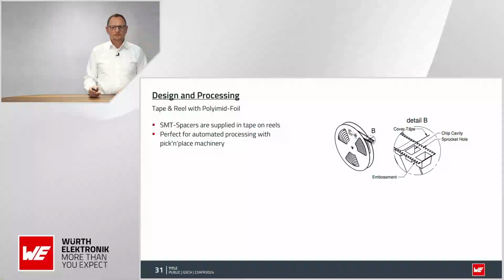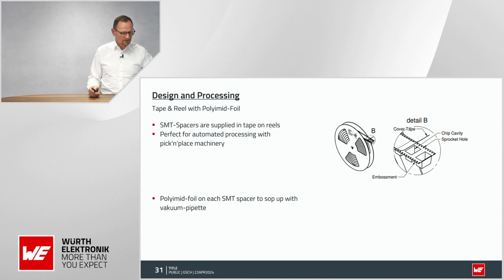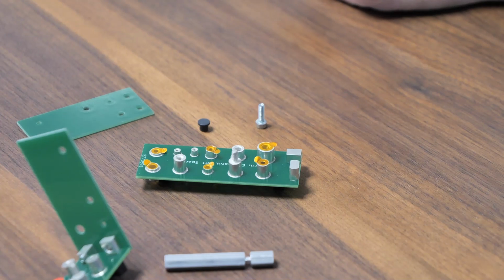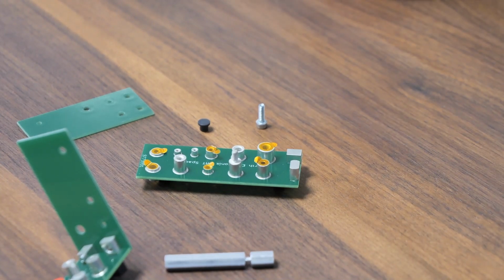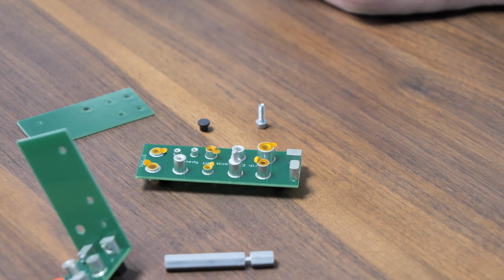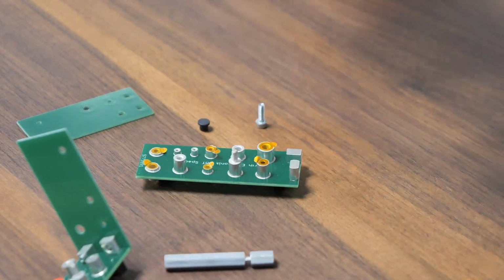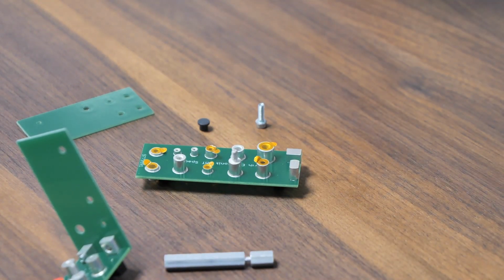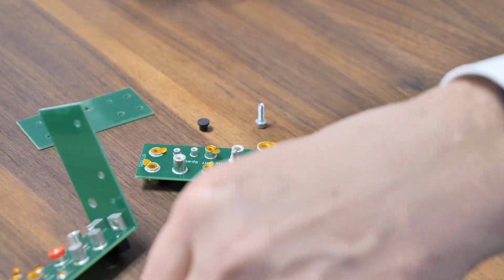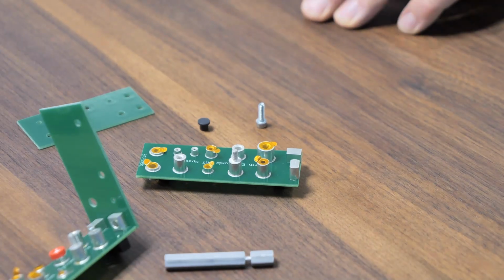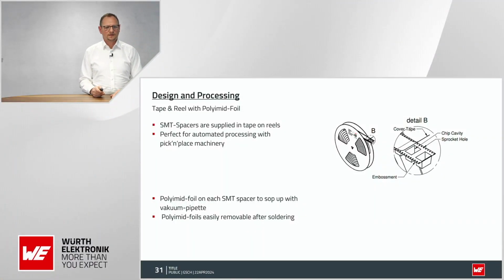So it's perfect for automated processing, and you see this polyimide foil. This is just so that the vacuum pipette can really pick up the component. You see that this can be easily removed afterwards, and this is happening after the process. After everything is soldered, not before the soldering, this would be bad, but after soldering, then you can easily just snip it away.